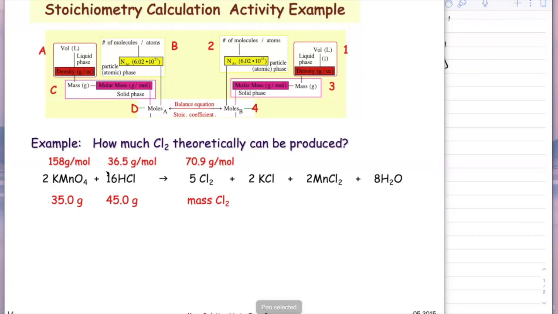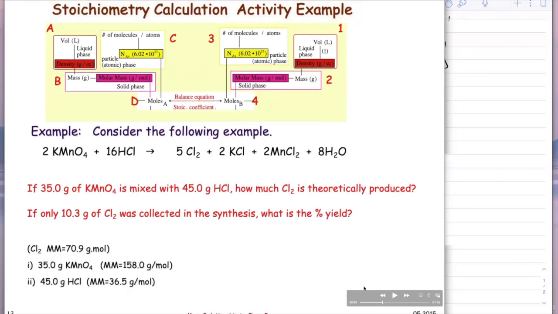Let's go back real quick. The question initially was here. You got 35 grams of potassium permanganate, and it's mixed with 45 grams of potassium chloride.